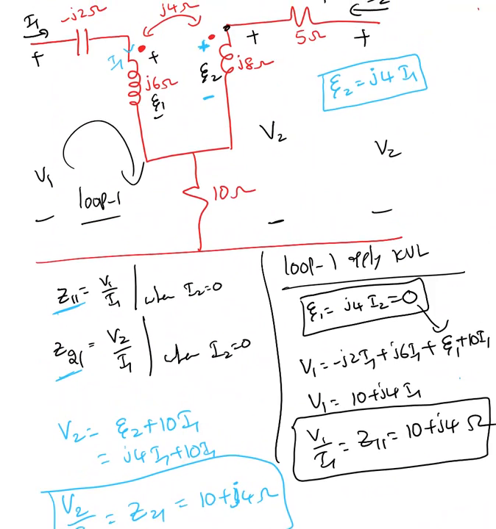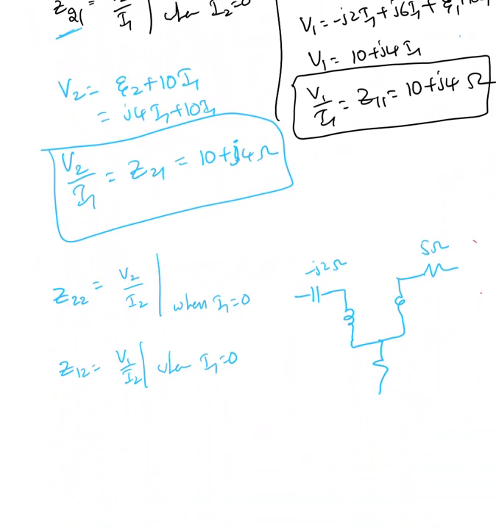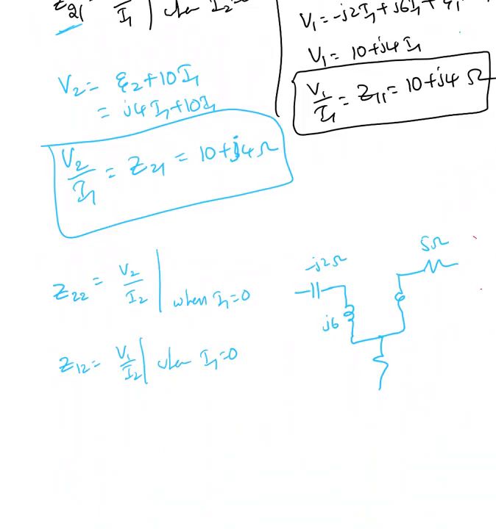So 2 minus J2, J6, J8. That's J6, that's J8. We have dots here, and this is J4. Now here is my V1, here is my V2, and I2 is not 0, but I1 equals 0 in this case. Now this is my V2.